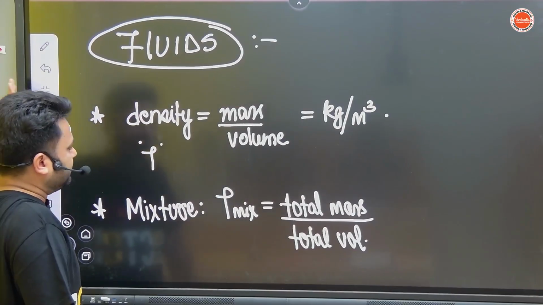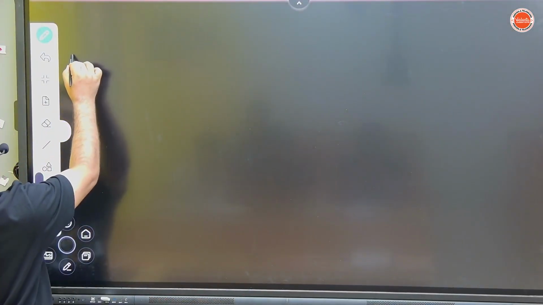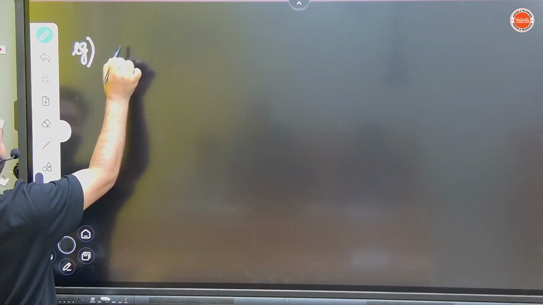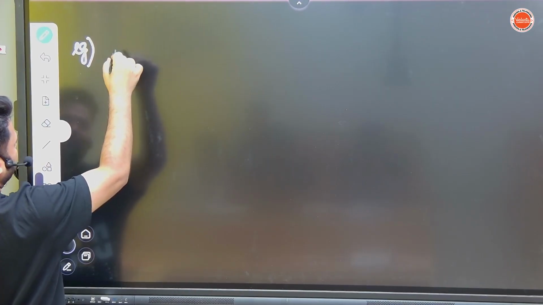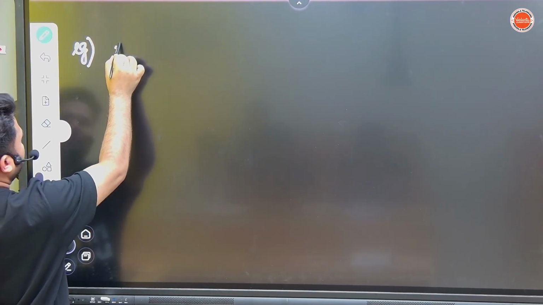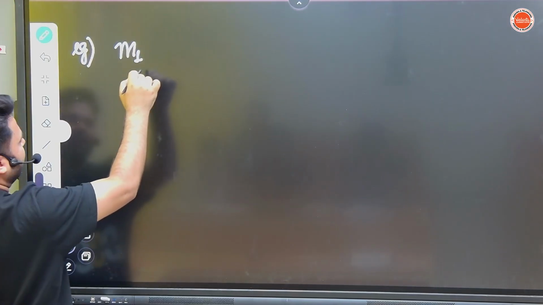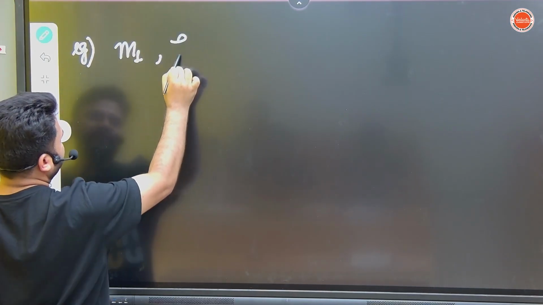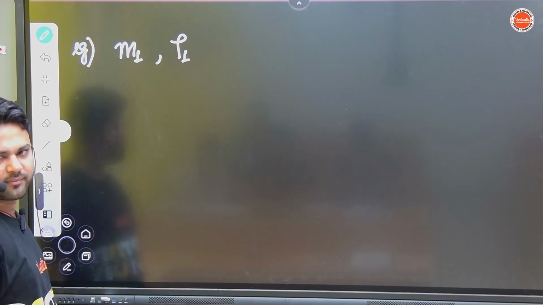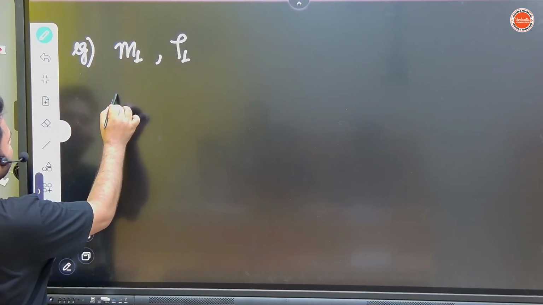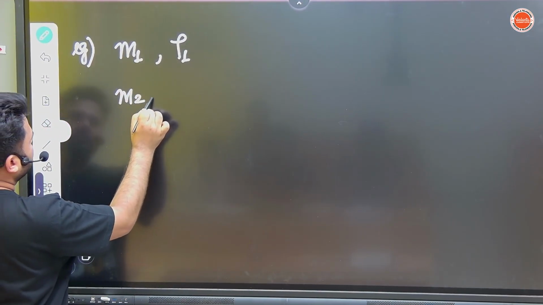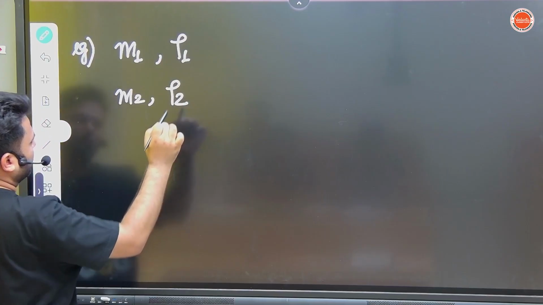For example, there is a container. One gas is there whose mass is m1, whose density is ρ1. And there is another gas whose mass is m2, whose density is ρ2.